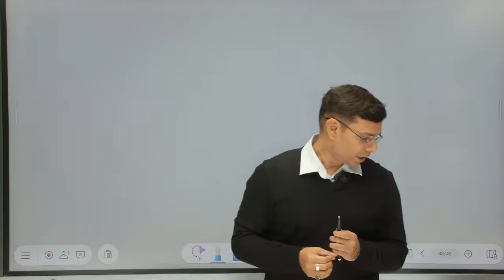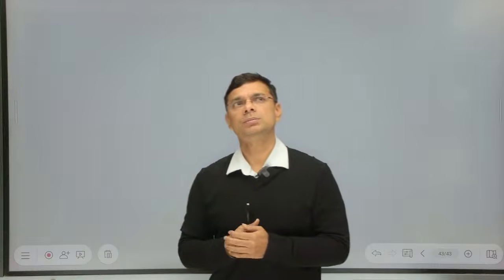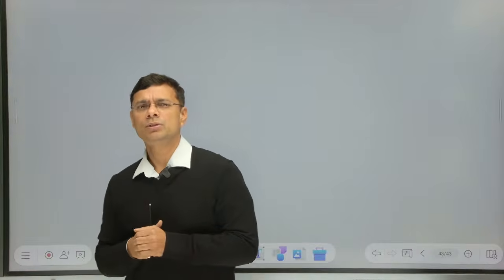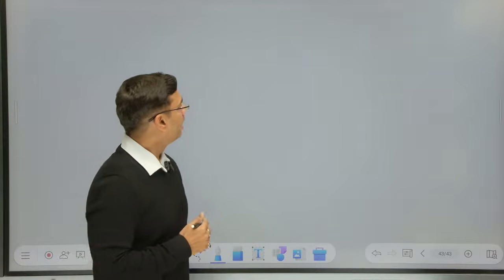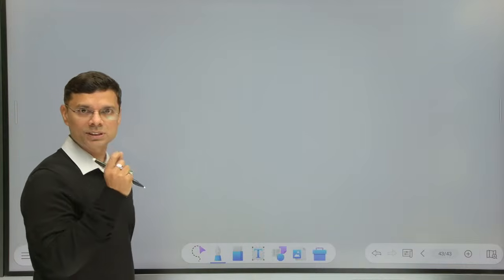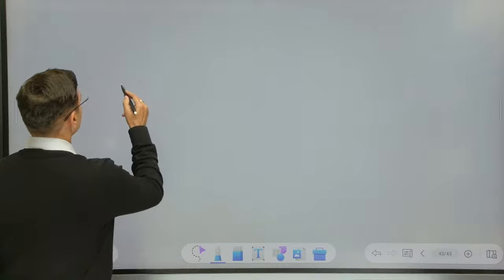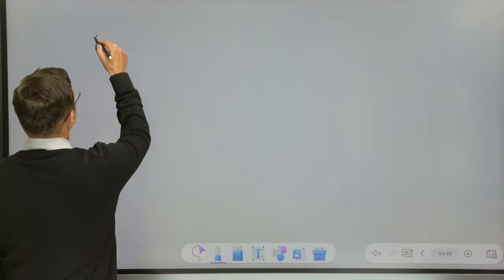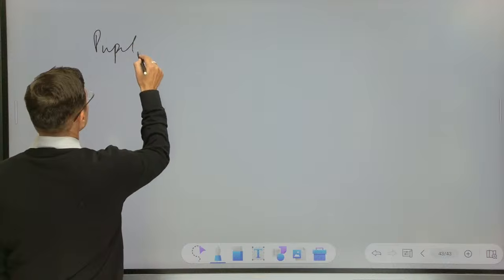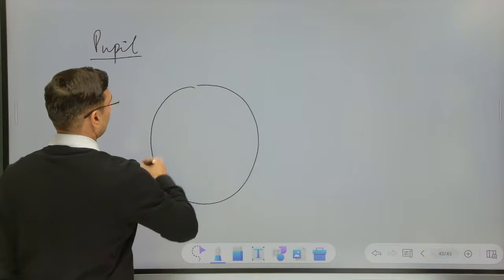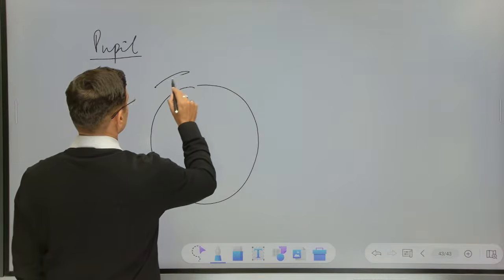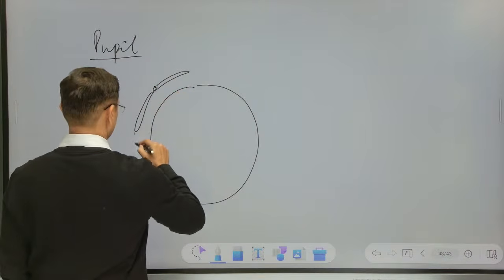This is one example. I will take one more example so it becomes a bit clearer what is structure and what is process. I am taking smooth muscle cells of a pupil. Let's say we have a pupil. Now we have smooth muscle cells arranged like this.